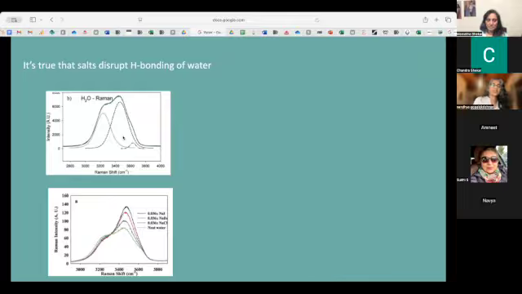I got very nostalgic and I dug up a paper that I wrote back in my postdoctoral days. So you can look at spectroscopy and you can look at where these water molecules are stretching. So bottom line is that you see this is distilled water, right? And this is the hydrogen bonding. There are two peaks for the hydrogen bonding. And if I add a bunch of salts here, I have sodium iodide, sodium bromide, sodium chloride, and then neat water is in green.